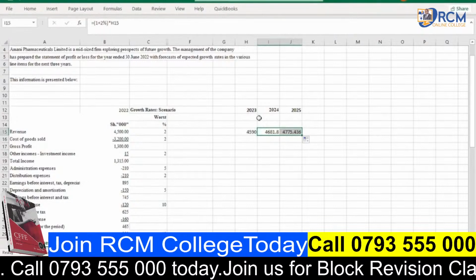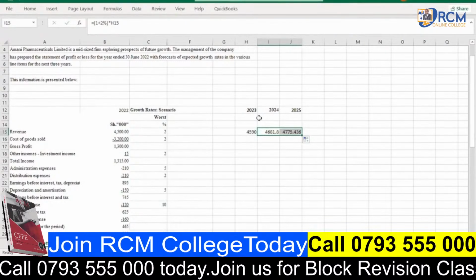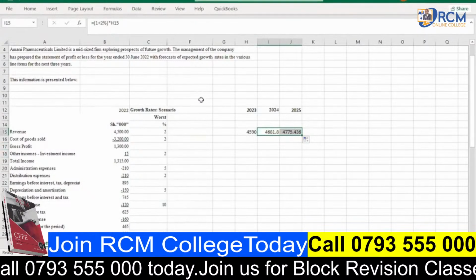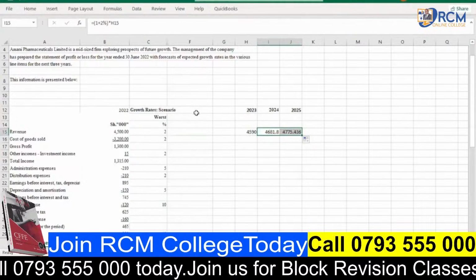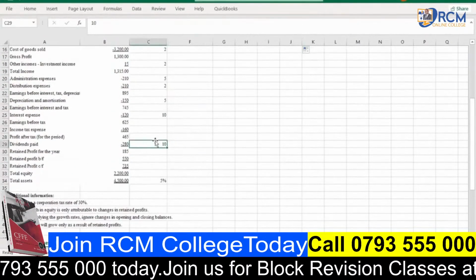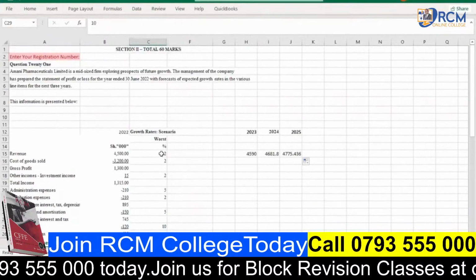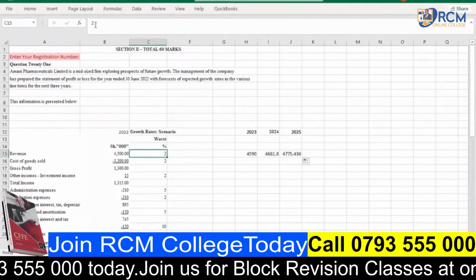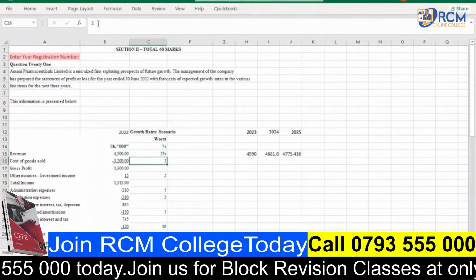Okay. So somebody is suggesting that we do it to 0.02. Very well. Or you can just make these ones here to be percentages.